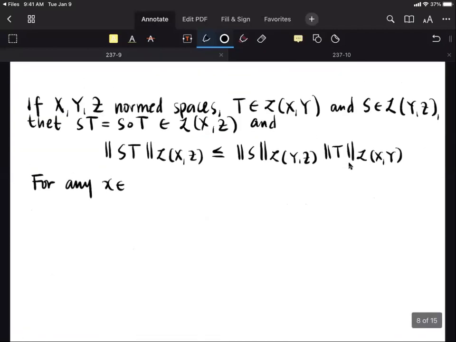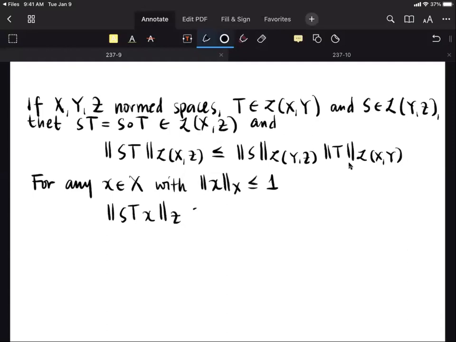So for any x in the closed unit ball of X, we have the following.